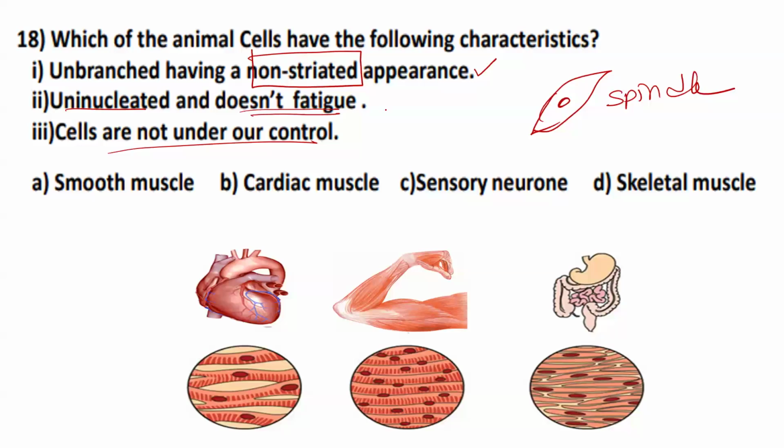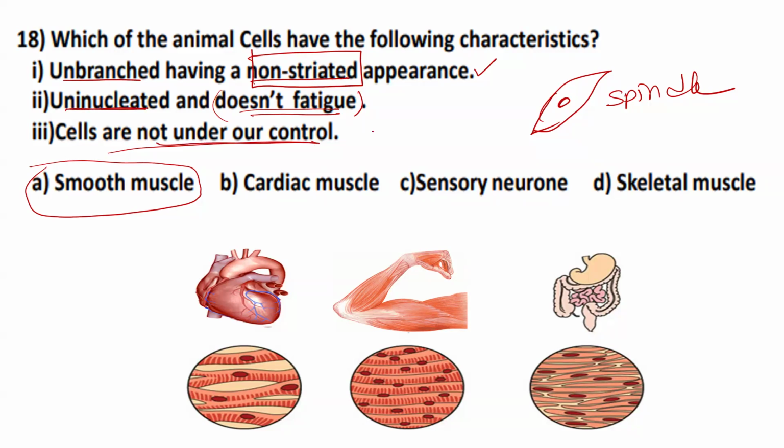So from the majority of the features, we know it is smooth muscle. Actually, you can't say they don't fatigue. They fatigue very slowly, with age only they fatigue. Are you clear? Even if this point is not suitable, from the other points, unbranched, non-striated, uninucleated, we cannot control it.